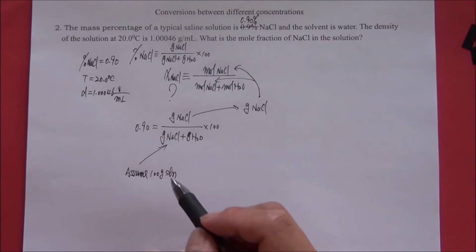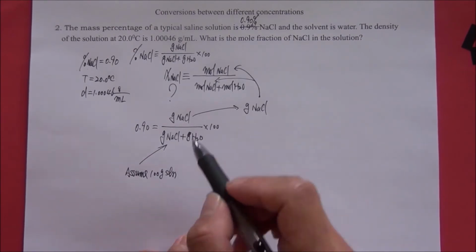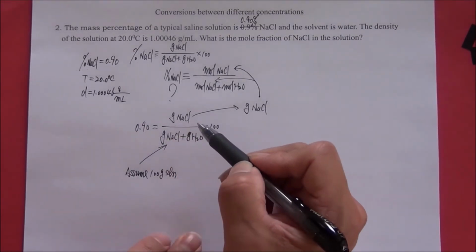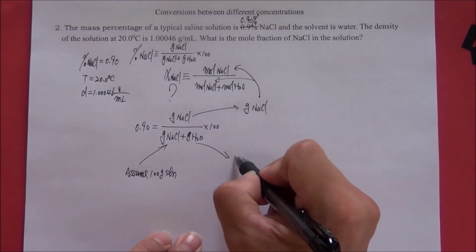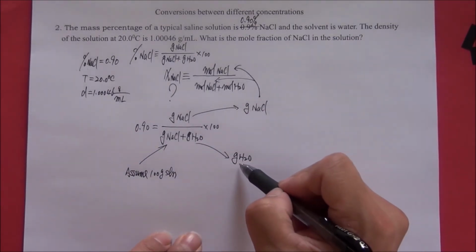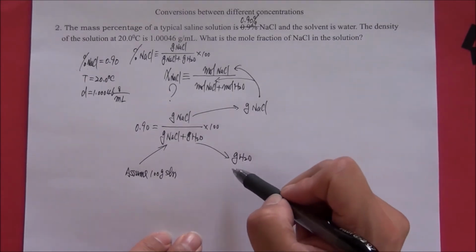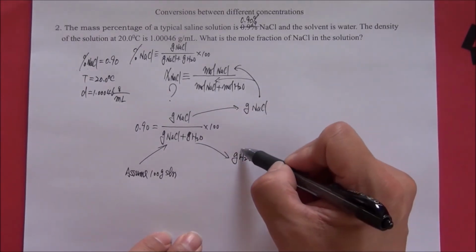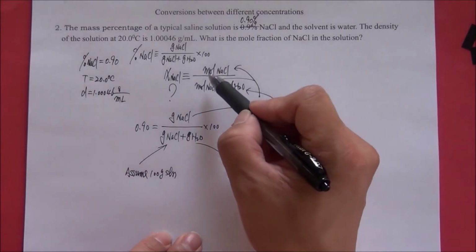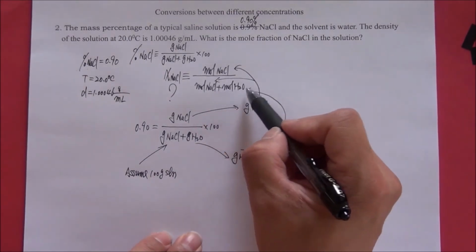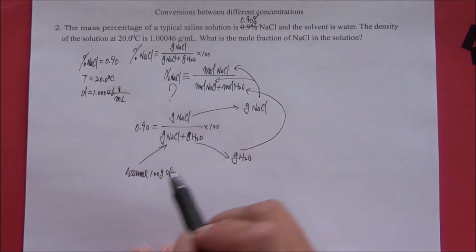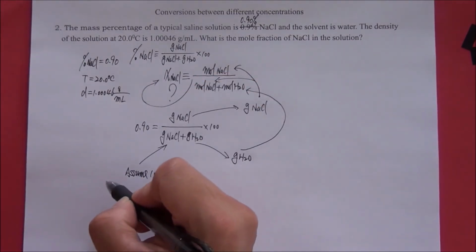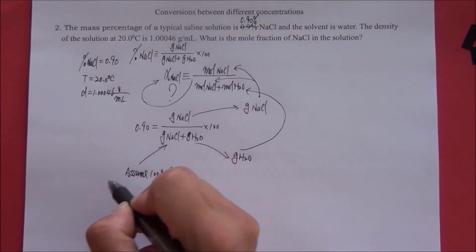And if we know the mass of the solution and the mass of sodium chloride, we can calculate the mass of water. And if we know the mass of water, we can calculate the moles of water. After we find the moles of sodium chloride and the moles of water, we can calculate the mole fraction of sodium chloride. This is our step 1.